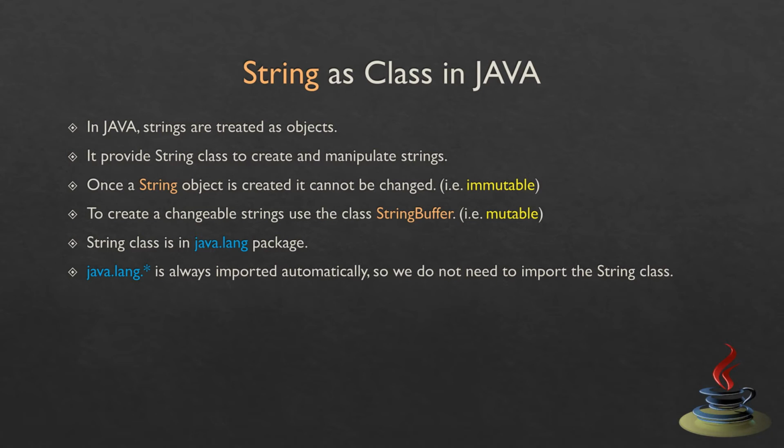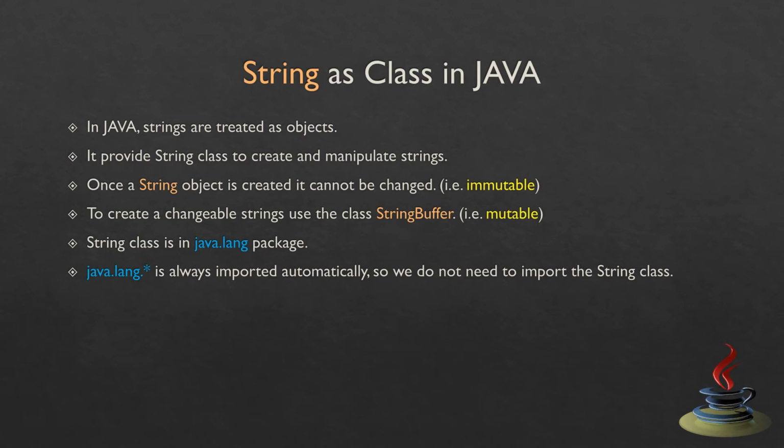In your Java program, all classes start with a capital letter, like System, that is also a class, so S is capital. If you go for the Math class, M is capital, like that. So here, String is capital because it is a class. If it is a class, there are several methods available to manipulate your string.